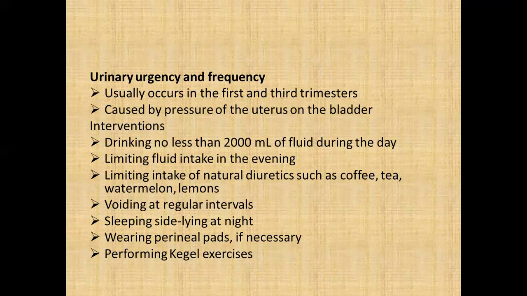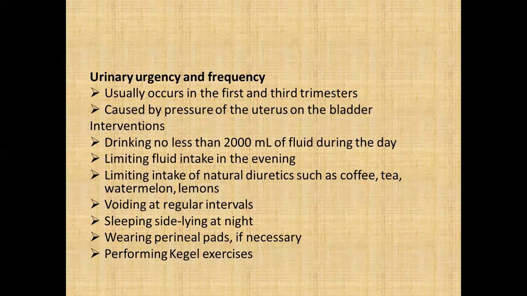to prevent what we call sleep disturbance at night. And then limit intake of natural diuretics. The natural diuretics are caffeine, tea, watermelon, and lemon. If you have taken watermelon before, when you take too much, you know what happens? Because it already contains a lot of fluid, typically you're going to also produce a lot of fluid when you take it.